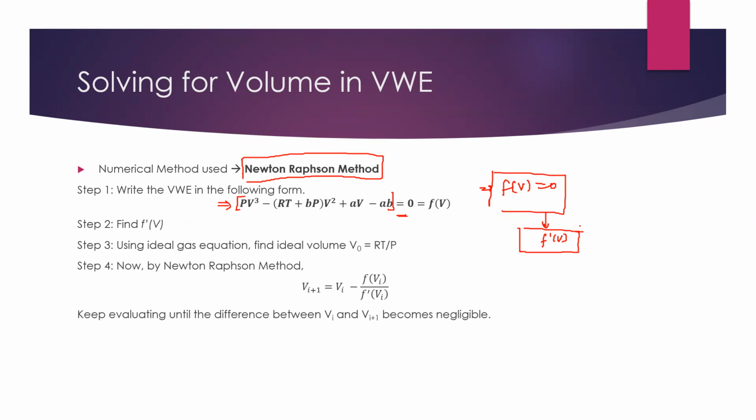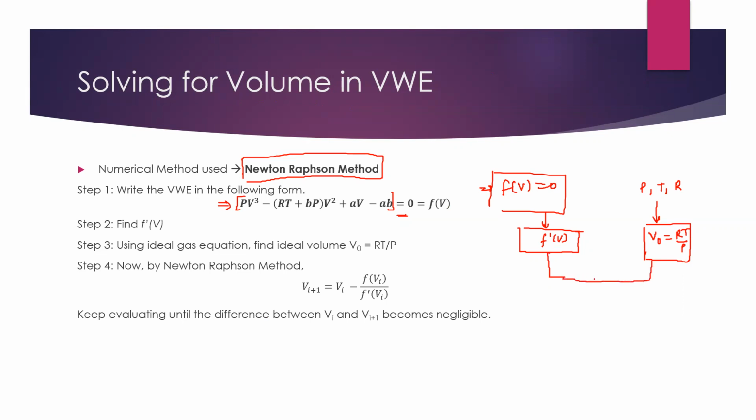Once we get f(V) and f'(V), the next step is to take the pressure, the temperature, and R, and calculate the molar volume by the ideal gas equation, and put it equal to V0. Now we have f(V), f'(V), and V0.